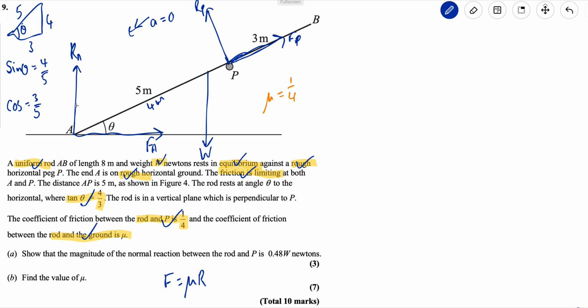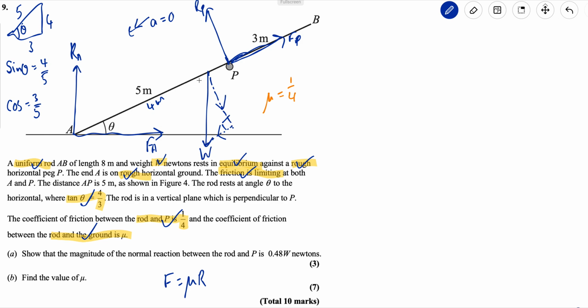Now, there are lots of unknown forces here, so I want to try and minimise them, and a good way to do that is to take moments. If I take moments about A, then the distances of these forces is 0, so they're out of the equation. But I need the forces perpendicular to the rod. So there's a perpendicular force there, but I need to resolve this one into components, perpendicular and parallel to the rod.